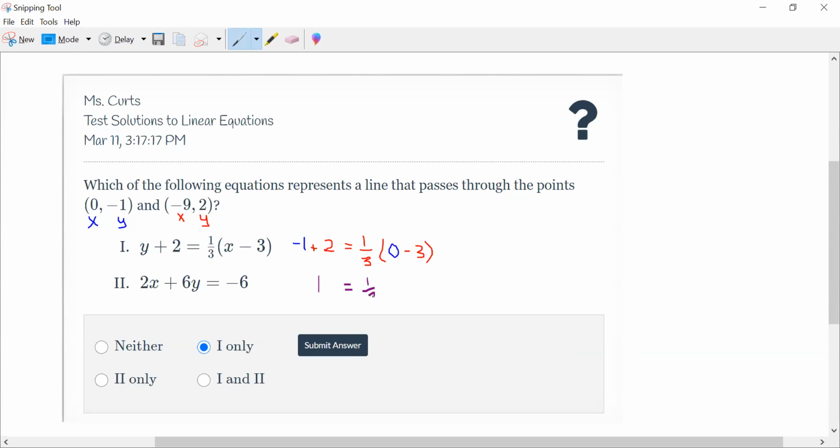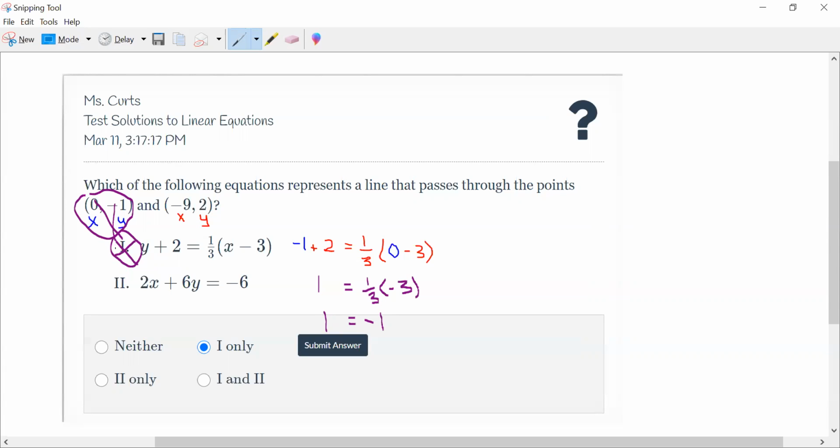And then we've got 0 minus 3, which is -3. 1/3 times -3 is -1. So what I have here is 1 equals -1. Well, that is a false statement. So this point does not work in this statement.